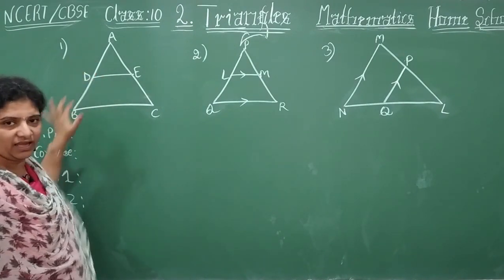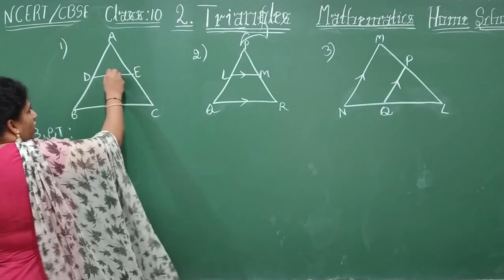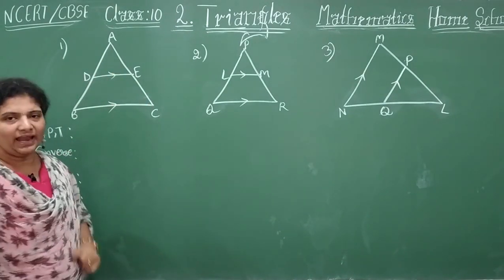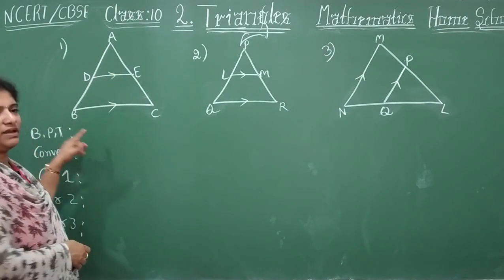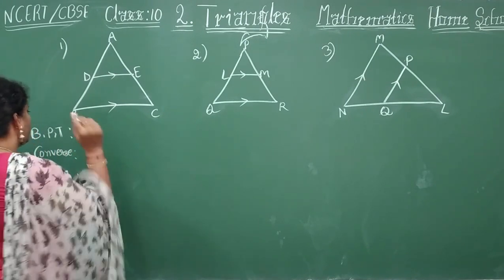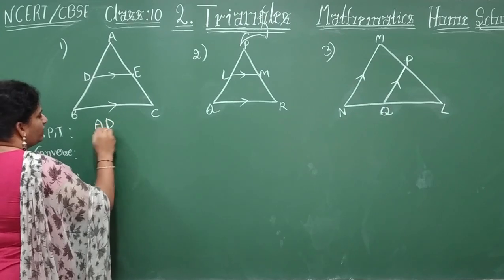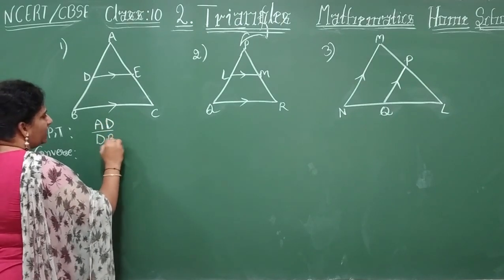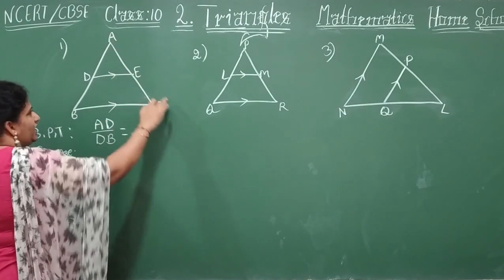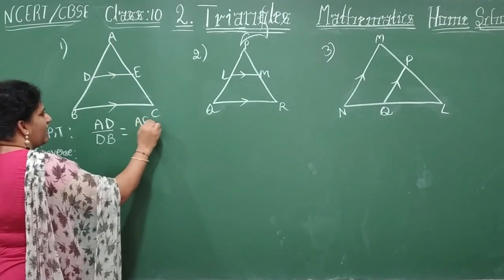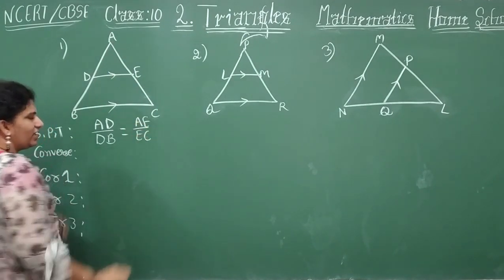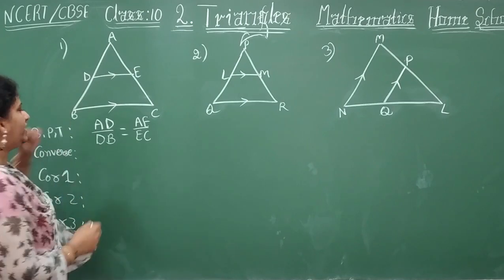That is, take a triangle ABC and draw DE parallel to BC. Apply BPT. What is your BPT ratio here? AD by DB is equal to AE by EC. Understand the concept carefully. So here, what did they give?